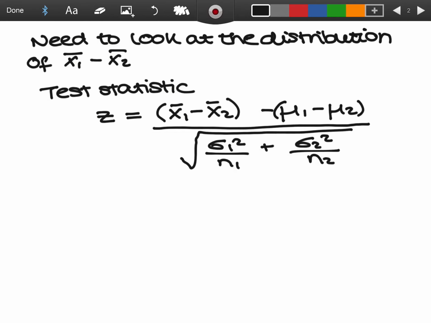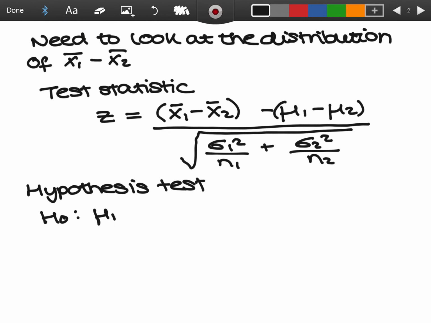So whenever you do a hypothesis test about two means, your null hypothesis is always that mu1 would equal mu2, that the two population means are equal. Another way to write mu1 is equal to mu2 is to write mu1 minus mu2 is 0. That assumes that those two are equal.